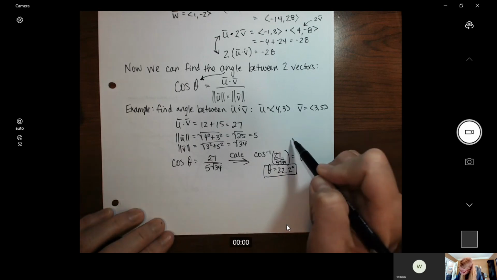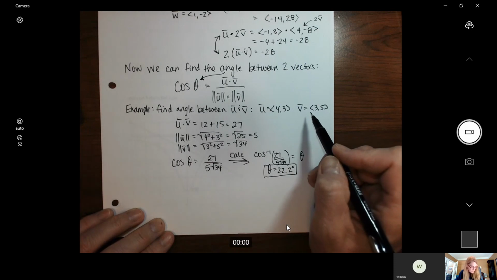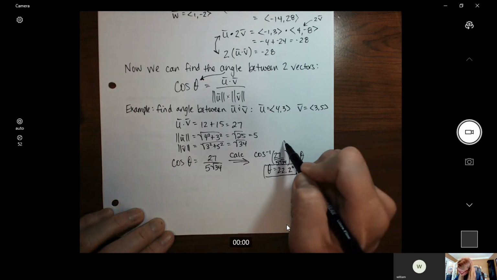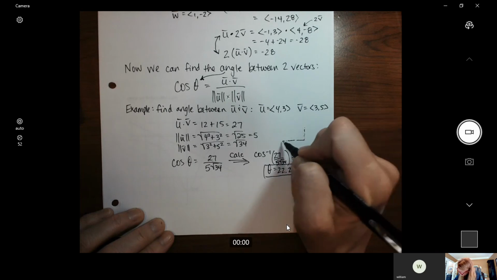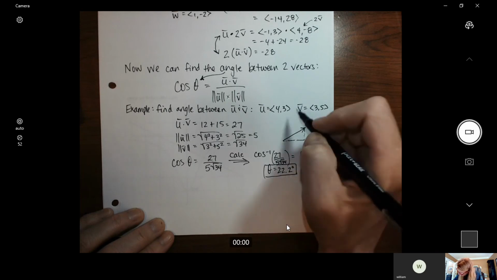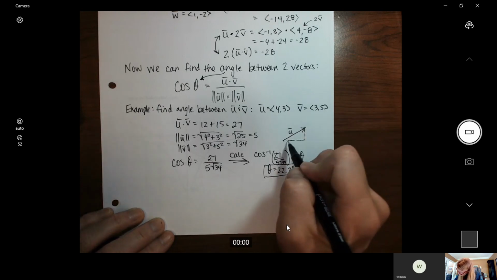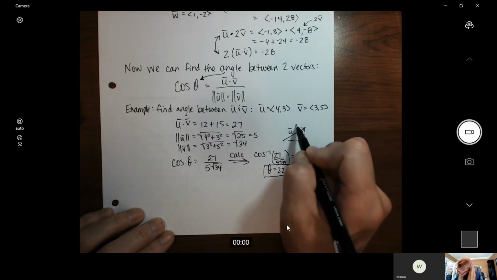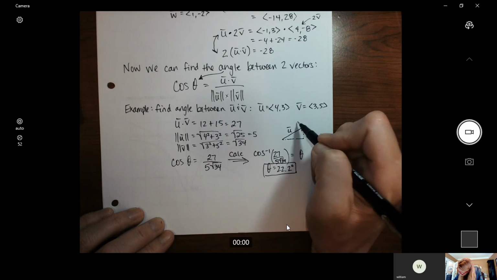So let's look at these vectors. U starts somewhere, and it goes over 4 and up 3. So it would look like this way would be 4, and then we would go up 3. So maybe this would be what U looks like. Then V goes over 3, but up 5. So it doesn't go quite as far to the right, but it goes up 2 more.